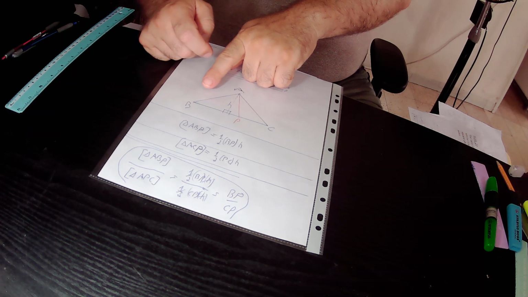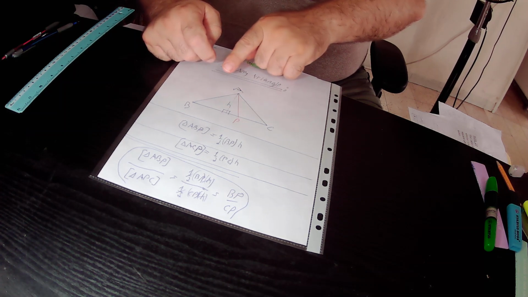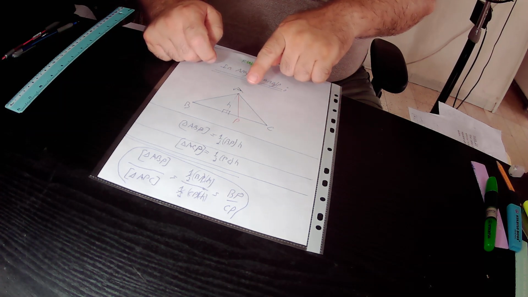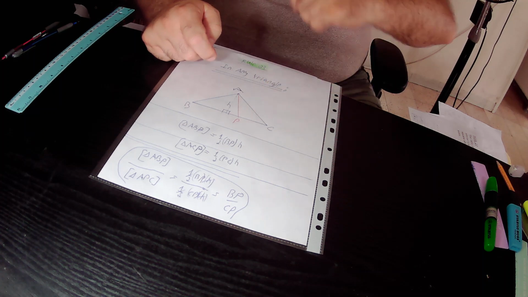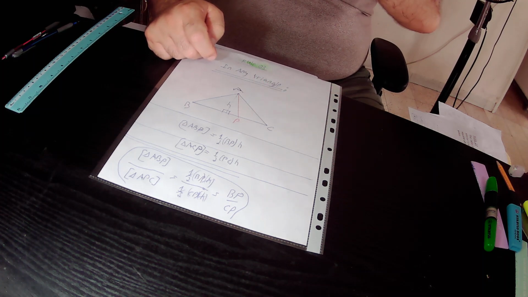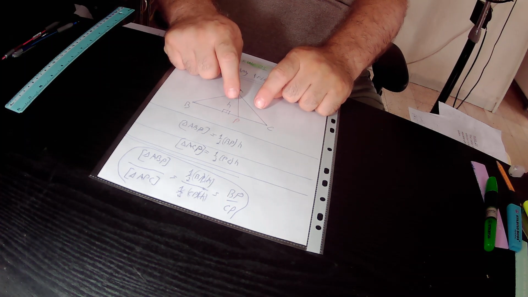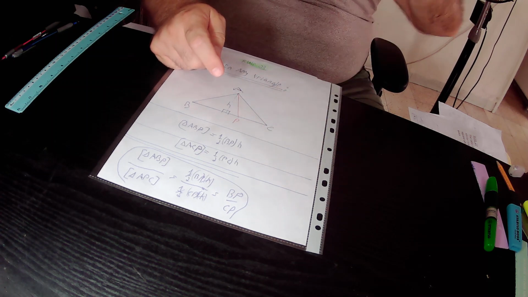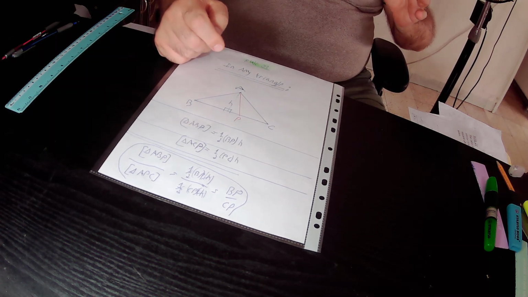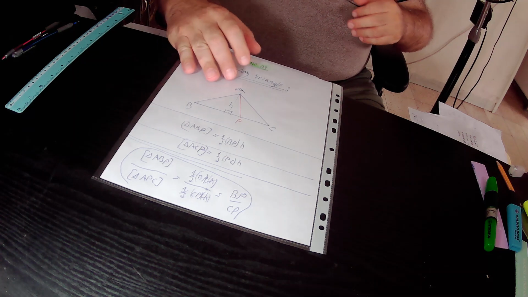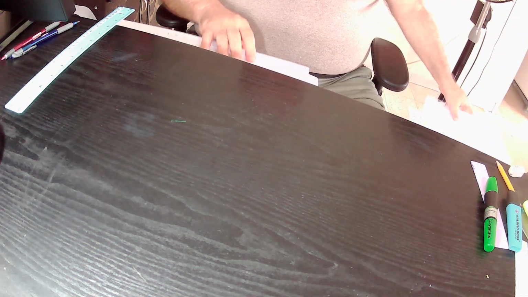That is, the area of triangle ABP over the area of triangle APC is equal to the base BP of triangle ABP over the base PC of triangle APC. So it is BP over PC. Repeat again, the ratio between the areas of the two triangles created by line segment AP is equal to the ratio between their bases. So we can actually implement rule 23 in our drawing.